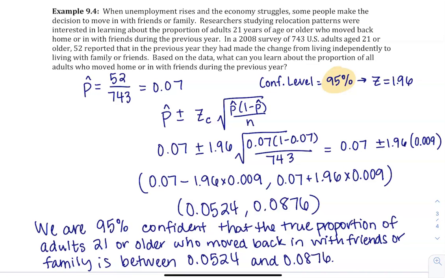So that's how we would interpret our confidence interval. We put it back into context: what is the proportion that we were trying to estimate, how confident are we, and what are the values that we think it could be between?